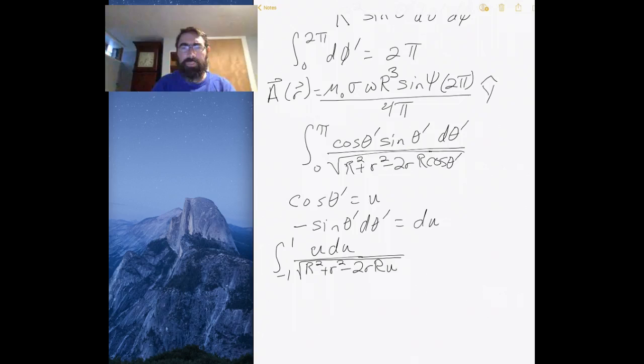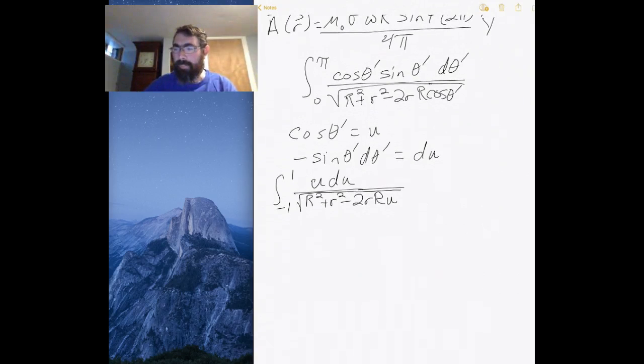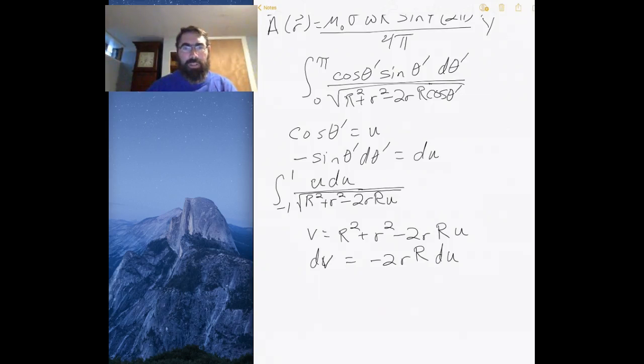So let's make another substitution, and that is we will let v equal capital R squared plus lowercase r squared minus 2r capital R u. dv is equal to minus 2r capital R du.